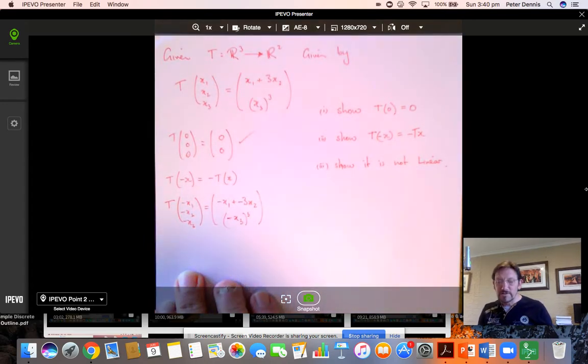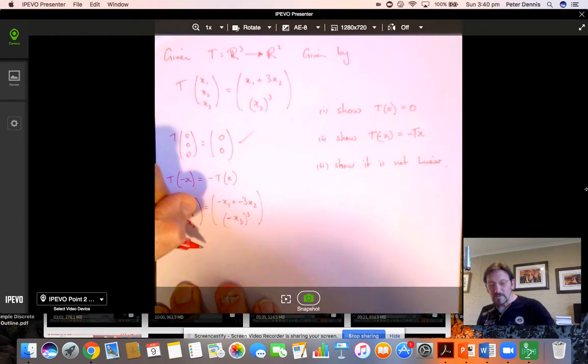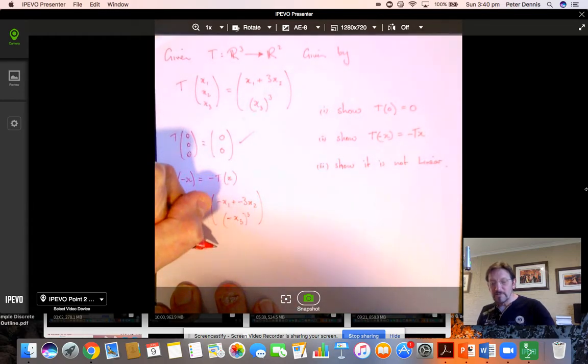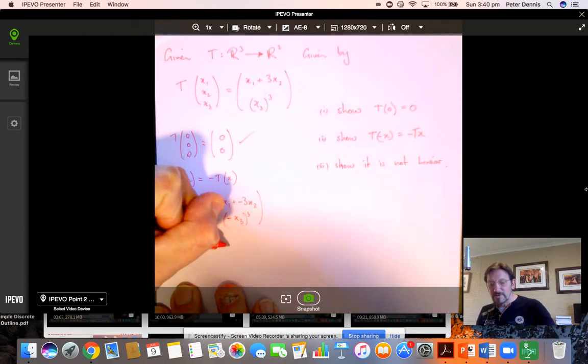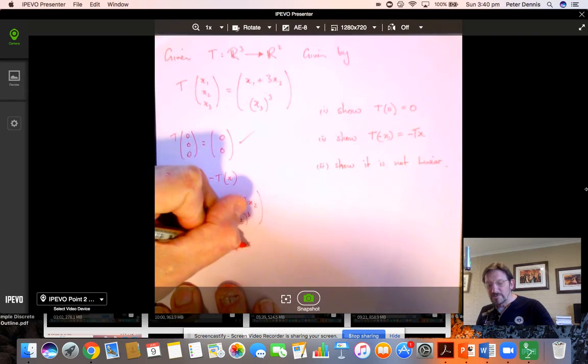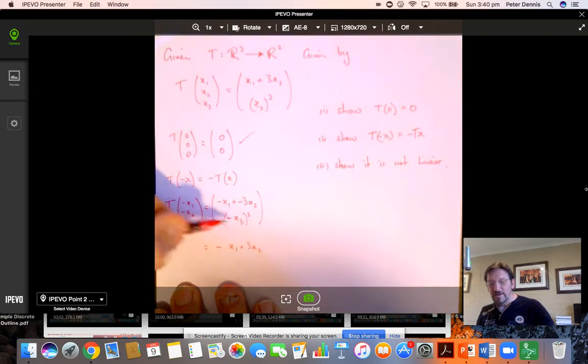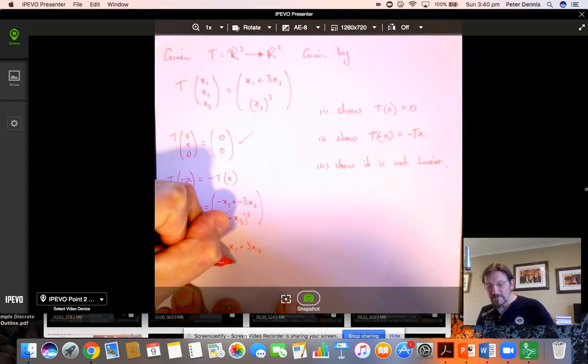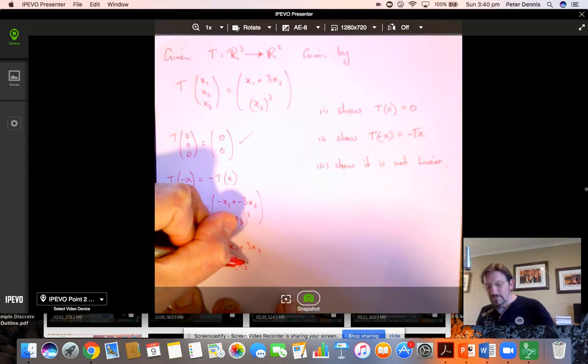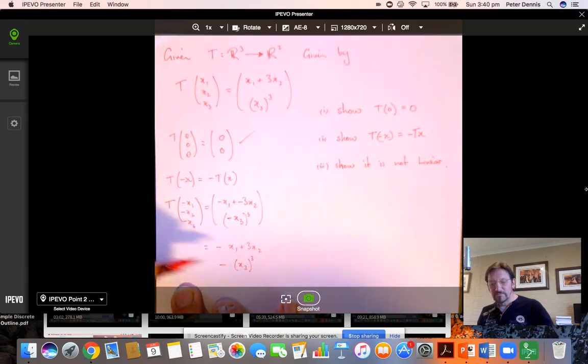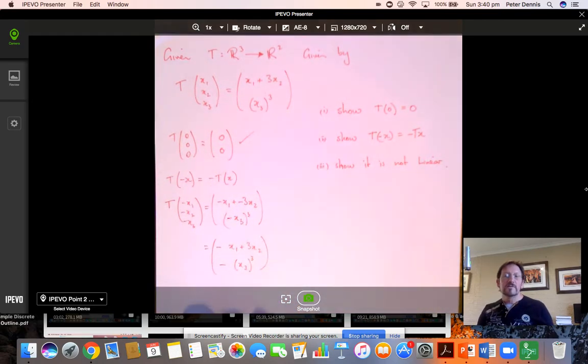So that's all the transformation becomes, which in this case up the top is minus outside of x1 plus 3x2, and down the bottom minus x3 cubed is just minus outside of x3 cubed. And it's fairly obvious that we can take this minus out.